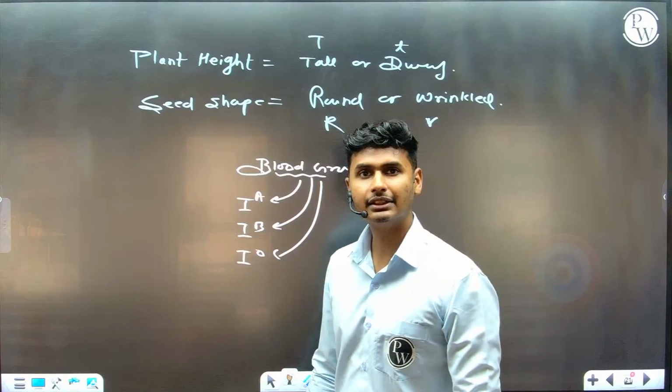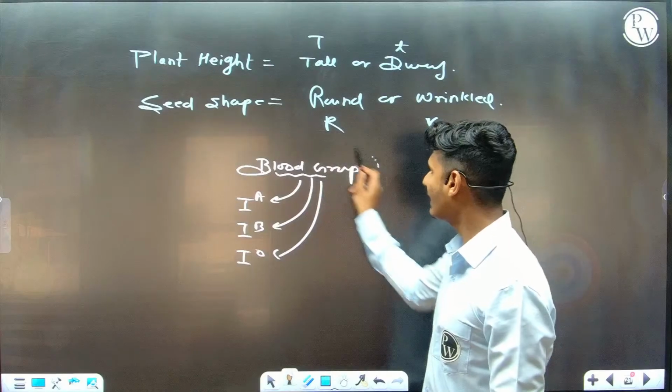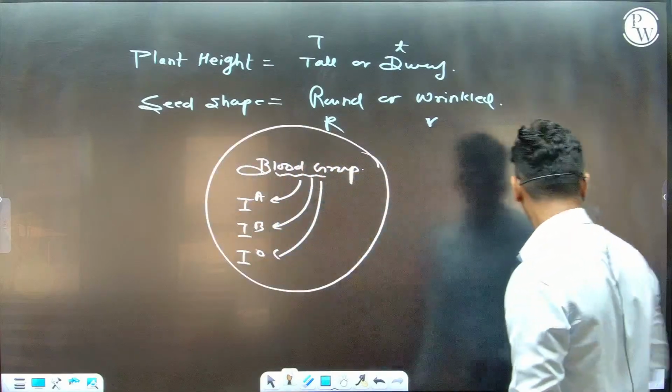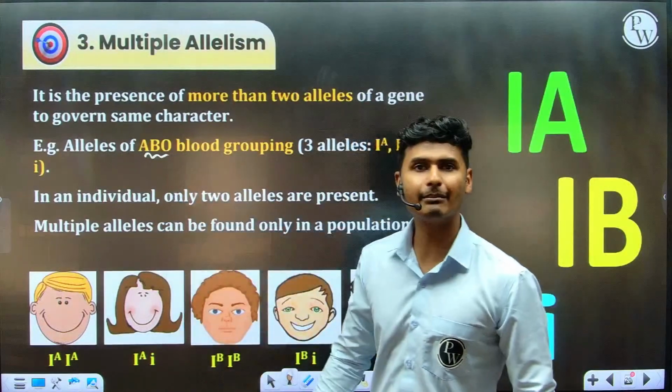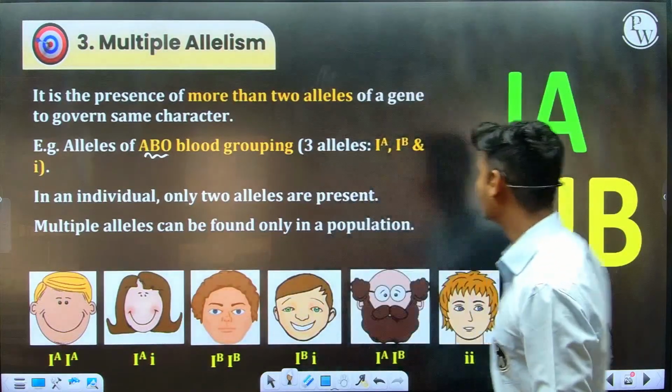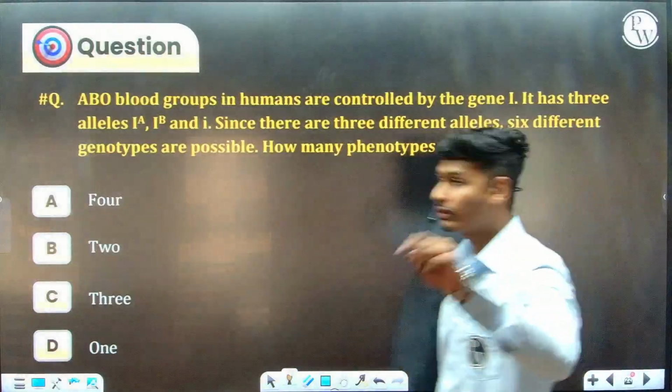More than two alleles. So this is an example of multiple allelism, and ABO blood group is a good example of multiple allelism. Now, on the basis of that, let's solve one more question.